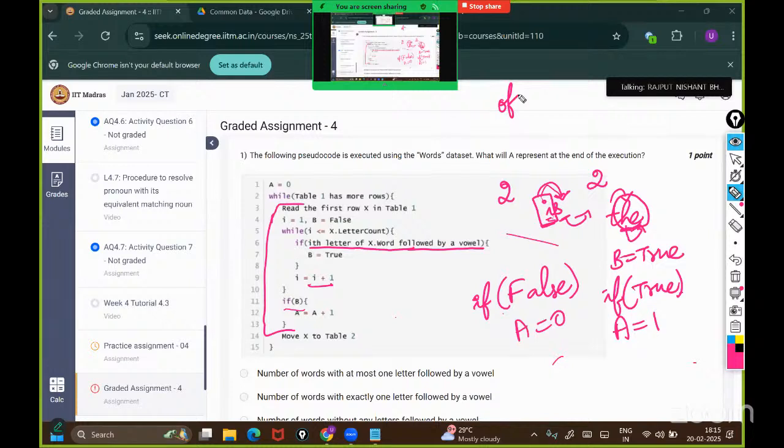Nothing will increment. Here, O is followed by a vowel? No. F is followed by a vowel? No. So A is not incremented, like B is not toggled to true. So it will be if of false, and A remains the same as 1 itself.